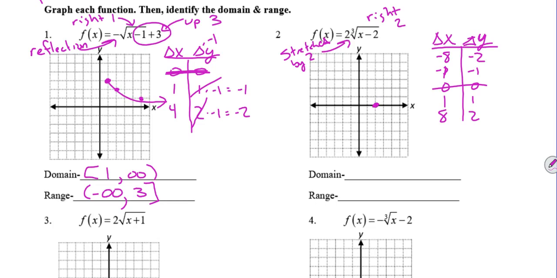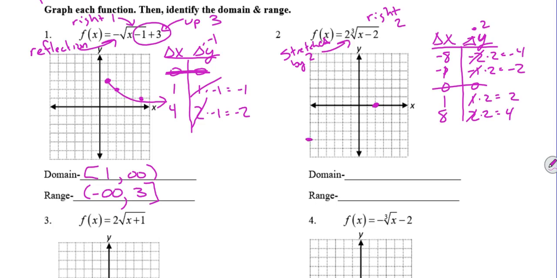Now this stretching by 2 would be a times 2. All these points are times 2. So negative 4, negative 2, 2, and 4, and the originals are now gone. So I'll start at my original point, go backwards 8, 1, 2, 3, 4, 5, 6, 7, 8, down 4, and that would put me right there.